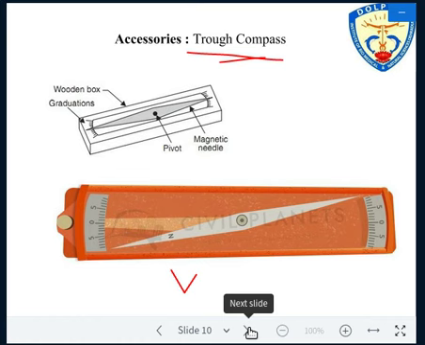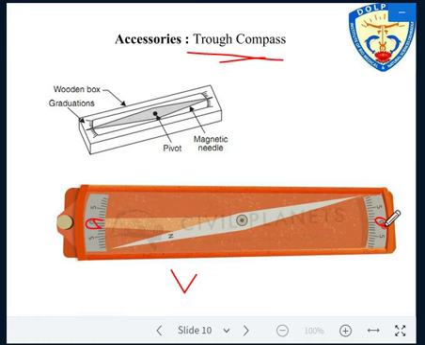And when you are going to suspend this, or you can say those freely suspended needles, when the needle is freely suspended, it will show you, you look at the zero at both ends, right? Zero at both ends, and then you have to draw the line. So that line is going to represent the magnetic north.